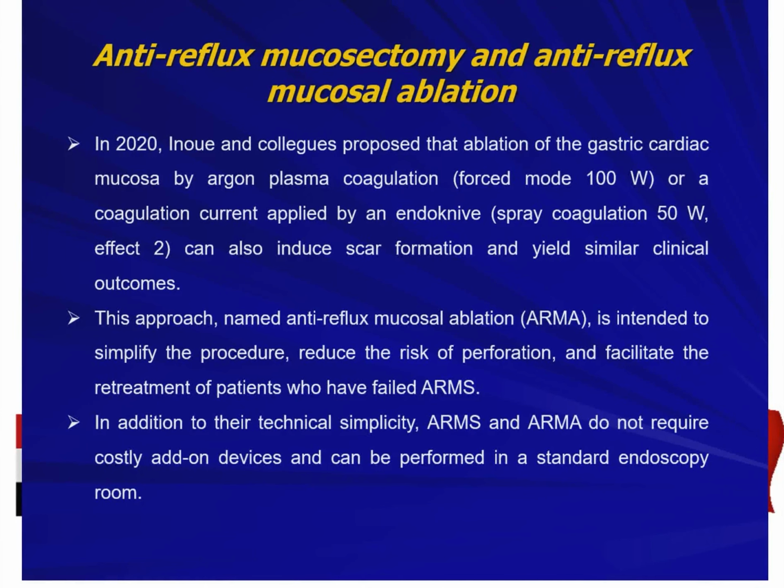So it started in 2014 with mucosectomy, and in 2020, to avoid the complications of mucosectomy, either bleeding or stricture, they said we can do only argon plasma coagulation. It will give us almost the same results.